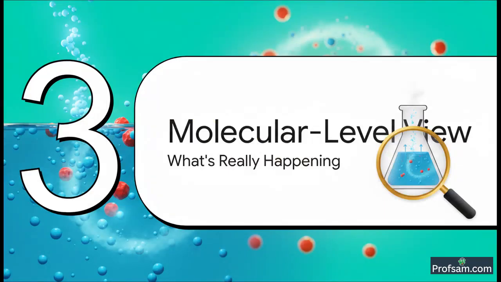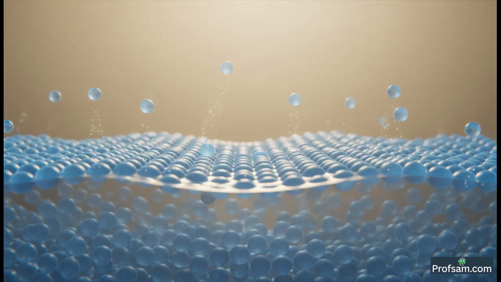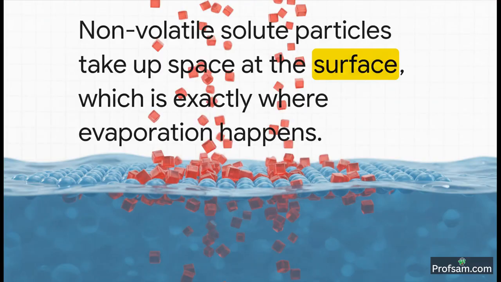Okay, now let's zoom in a bit and see what is really happening at the molecular level. In a pure solvent like plain water, the entire surface is occupied only by water molecules. So those molecules that have enough energy are free to escape into the vapor phase. This leads to a high rate of evaporation. But now we add a non-volatile solute.